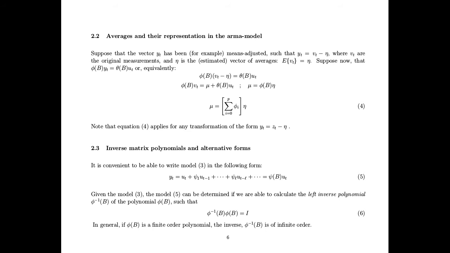Okay. Then there's another thing about mean values. What happens if you do not subtract a mean value from the entire data set up front and leave it in there? What happens to the model parameters? You have different representations of the mean up here, either as an eta or as a mu, related to how the phi operator is working on that.